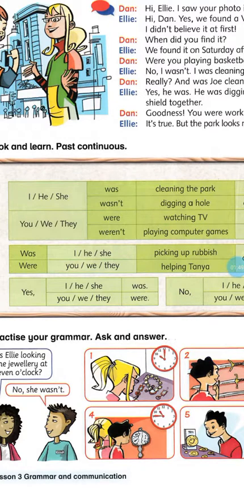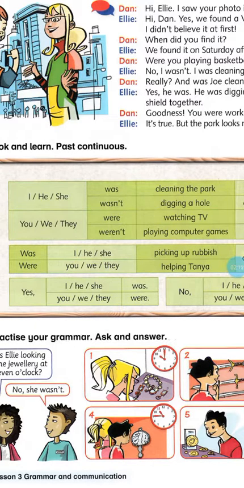As you see here, was comes with the singular subject. And were comes with the plural subject and the pronoun you. You, we, they, and the plural subject, were plus verb with ing.